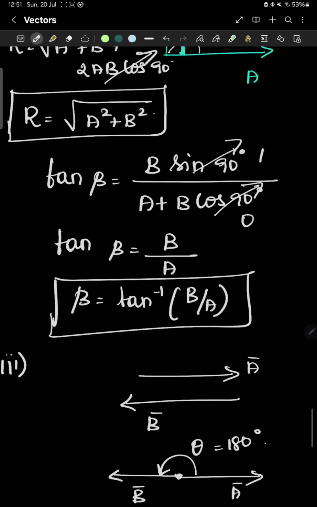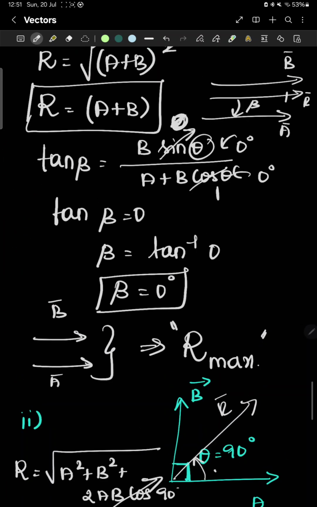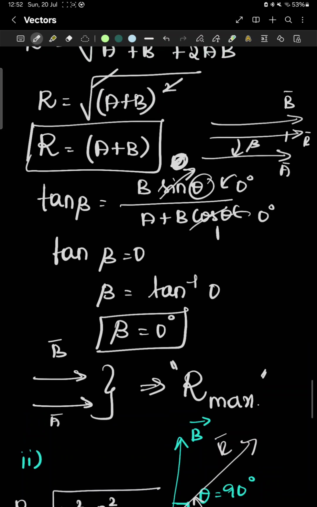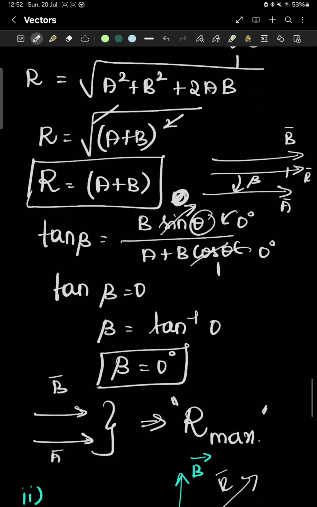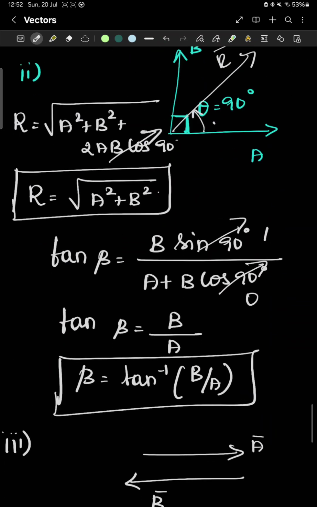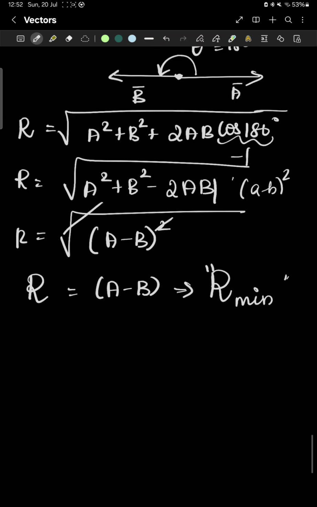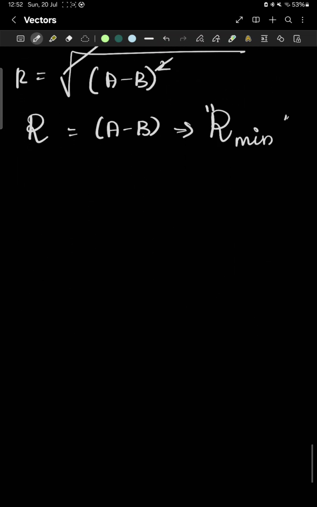So when the two vectors are in the same direction, with an angle of 0 degree between them, we will be getting the maximum value. That's what we have seen, r maximum. When they both are at 180 degree to each other, we will get the minimum value.